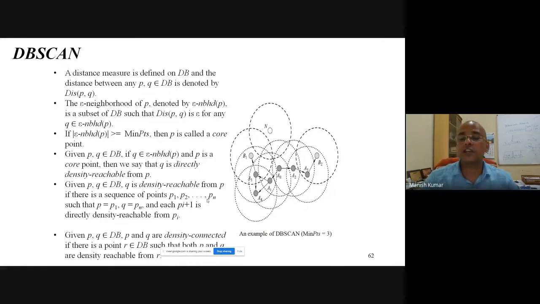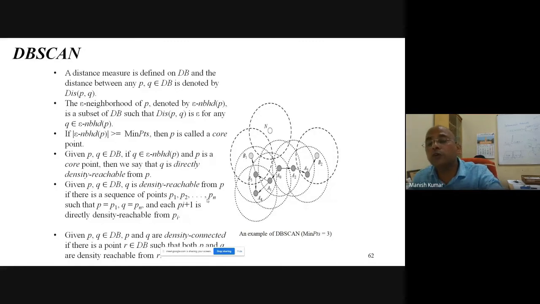That means in this case, if you look at the figure, there is B2 and there is B1. You can start from any point. Say you started your method with B1. You apply the minimum points criteria and go on. What we get is that B1 is density reachable to A3, A3 is density reachable to A4, then A1, then A0, then A2, then A5, then B2.